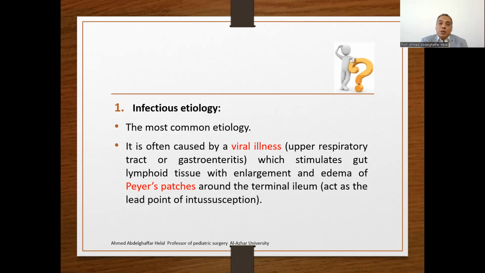And usually when you take a history from the mother, they document that the baby may have had an attack of upper respiratory tract infection or gastroenteritis previously, before the development of the intussusception.